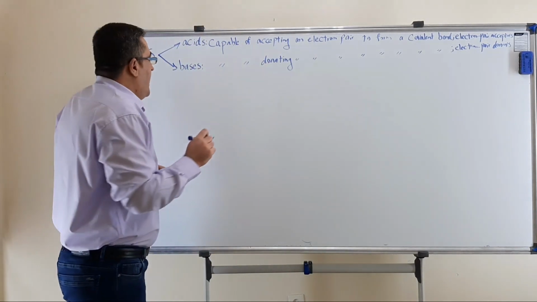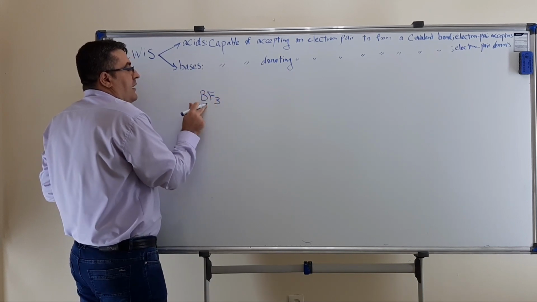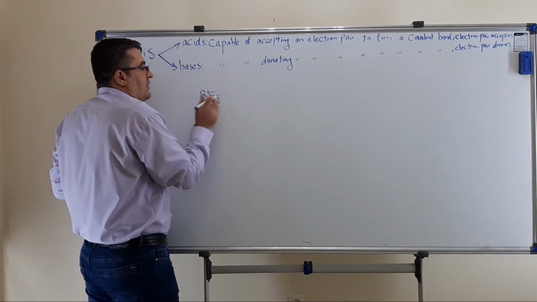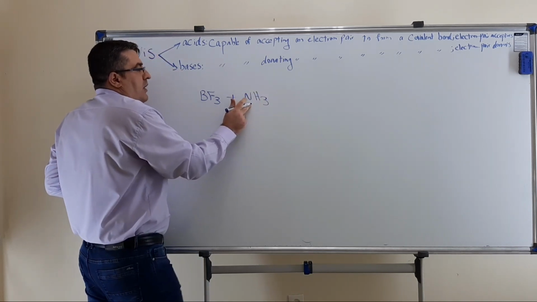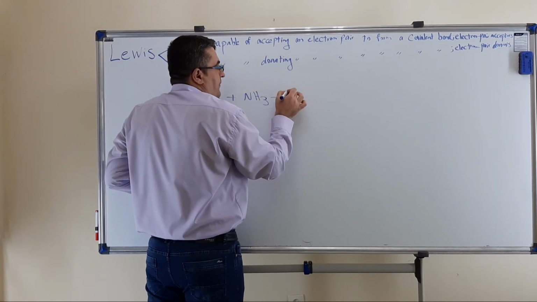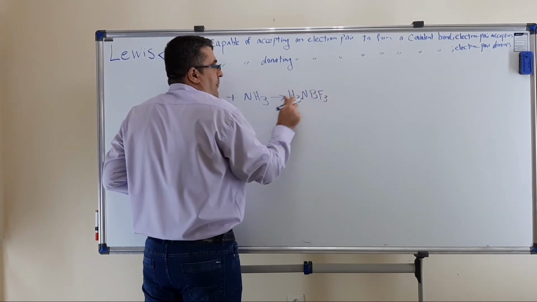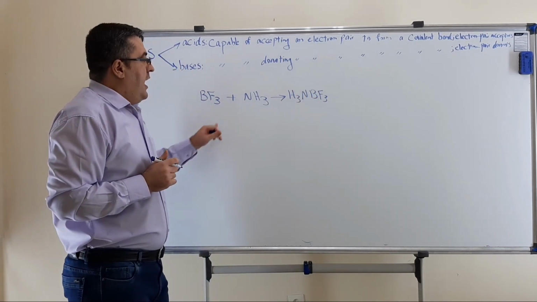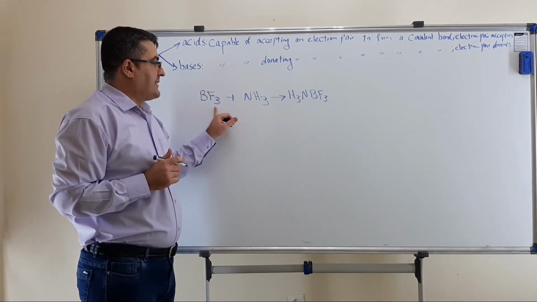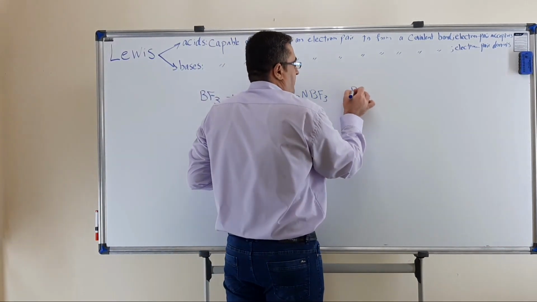For example, consider the reaction between BF3, boron trifluoride molecule, and NH3, ammonia molecule, which yields H3N-BF3, ammonia boron trifluoride. The Lewis structures of the reactants and the product in this reaction are as follows.